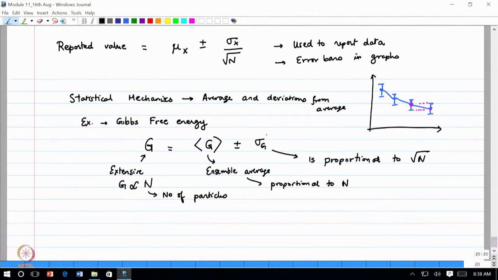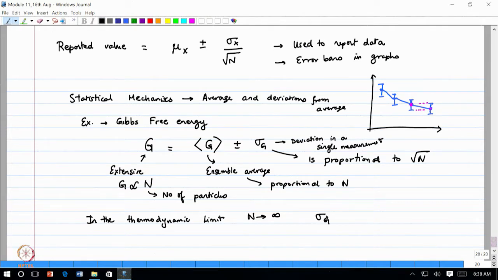This is the deviation in a single measurement. So basically, in the thermodynamic limit, n tending to infinity, sigma G is much less than the average value of G.